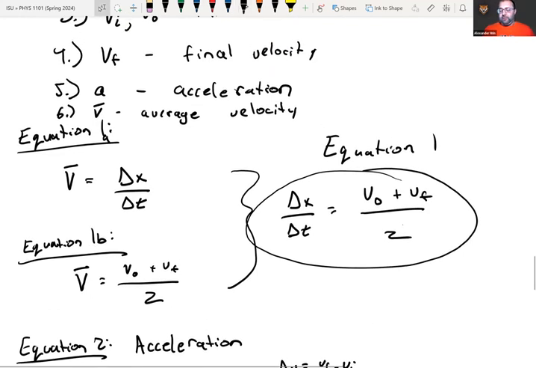The first equation has 4 of those 5 quantities: delta x, delta t, v naught, and v final. No acceleration. So if you were given a problem where you knew it was constant acceleration, but you didn't know that acceleration, and you were given 3 other quantities and asked to find the fourth, you could use this equation.